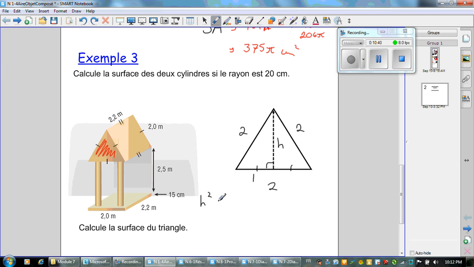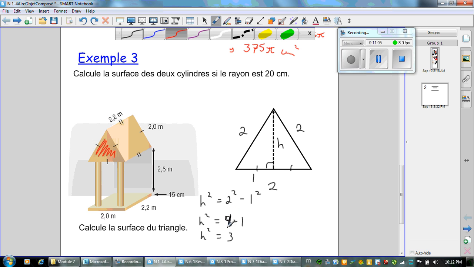So the height squared is going to be equal to the hypotenuse squared minus the base 1 squared. So the height squared would be 4 minus 1, which would be 3. So the height's not 3. The height is actually the square root of 3.